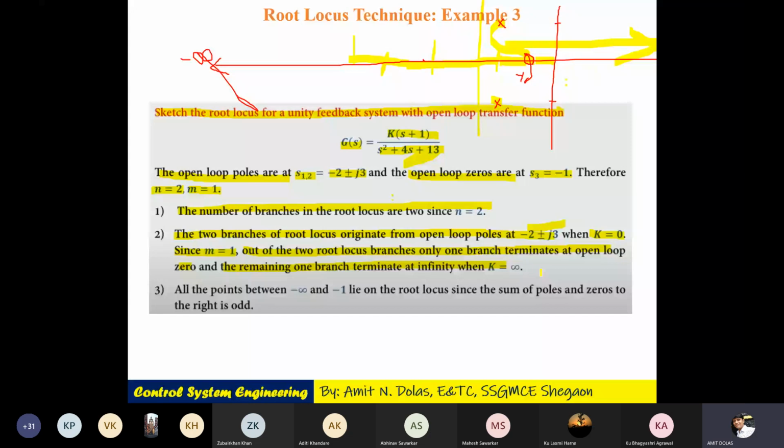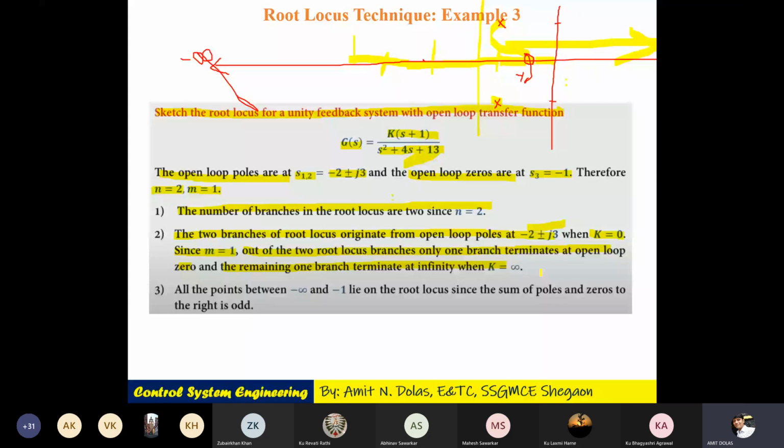Okay. Now, what is the angle of departure? Sir, the PPT is not visible. My audio is there, right? Yes, sir. Okay, I'll check it out.